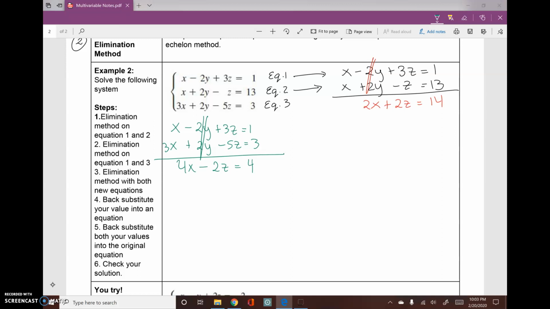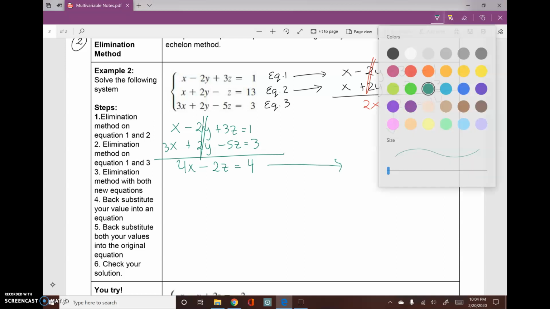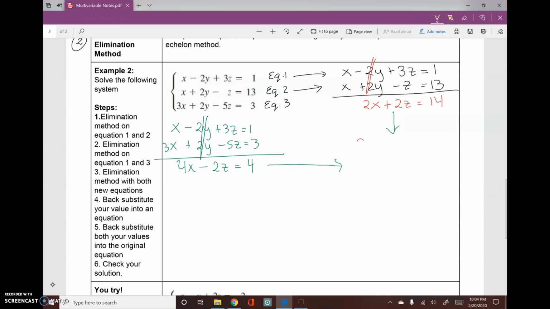Now you can do the elimination method with the new equations you have. So I'm going to bring this one here, this one down here, and we're going to do the elimination for these two.